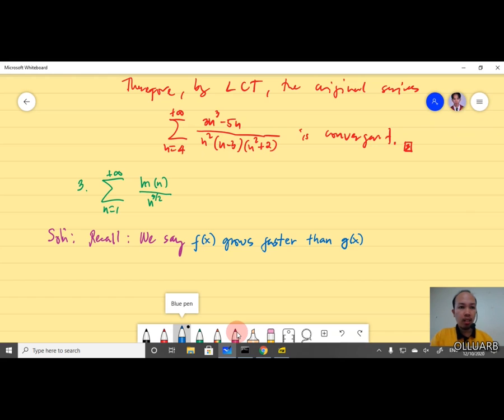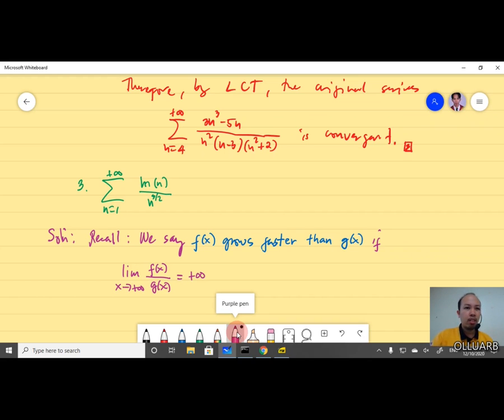We say f of x grows faster than g of x if the limit of f of x over g of x as x approaches positive infinity is equal to positive infinity.